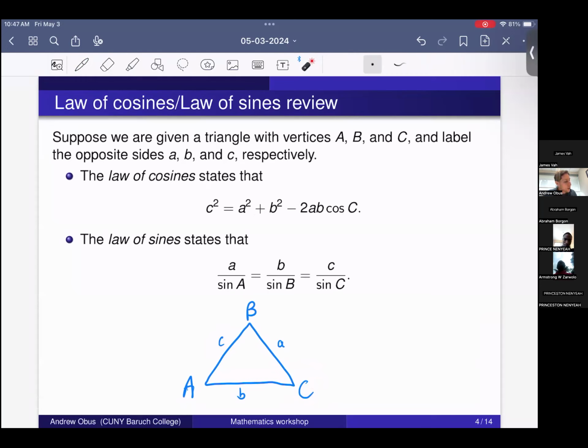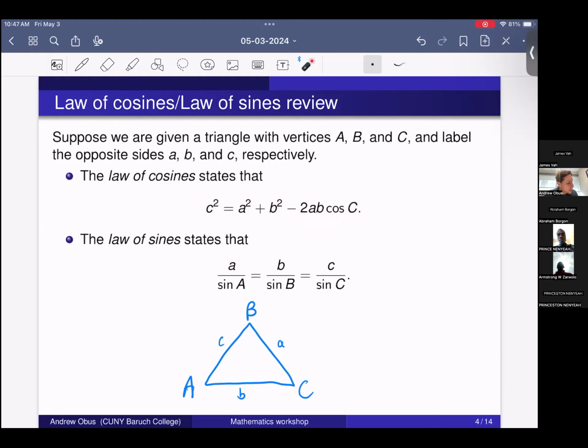And the law of cosines was basically a version of the Pythagorean theorem, but instead of c squared equals a squared plus b squared, you have this extra term, minus 2ab cosine C. This extra term is what makes the law of cosines work for any triangle and not just a right-angled triangle. So we had this formula last time.